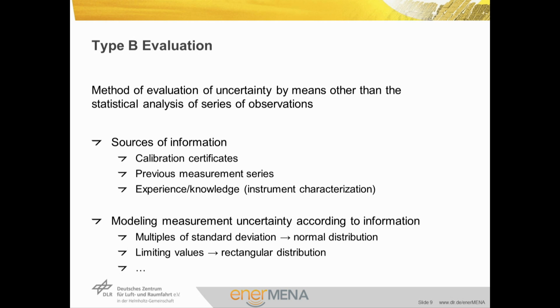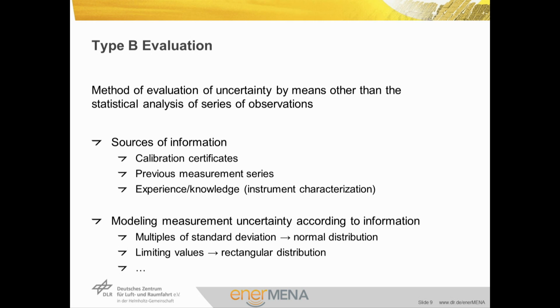In order to be able to include all this information in the calculation of the resulting measurement uncertainty, the individual uncertainty effects need to be modeled. Depending on the kind of information, different modeling approaches can be applied. For uncertainty specified as multiples of standard deviation, normal distributions are suitable.